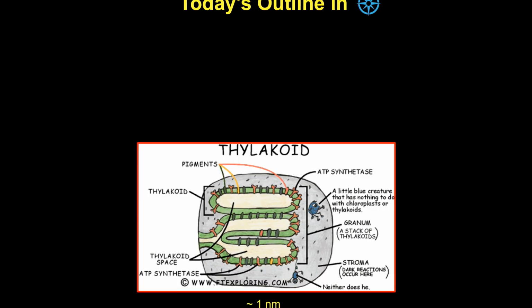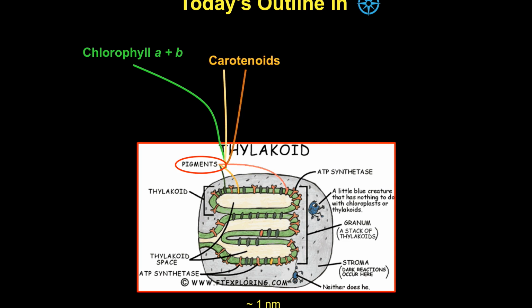So if we take a quick trip back to our high school or even middle school biology class and look inside the thylakoid membrane, we're going to hone in on some pigments. You might remember chlorophyll A and B, which are the primary pigments used to harvest light energy for photosynthesis. And then there are over 600 carotenoid pigments as well.